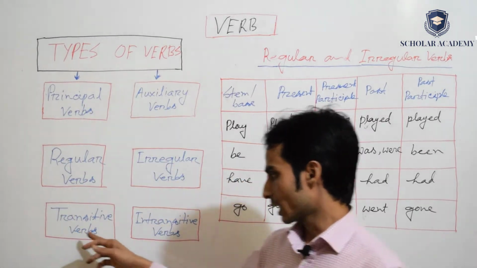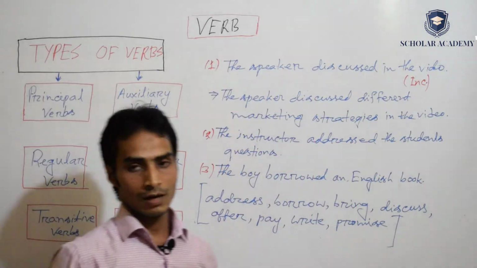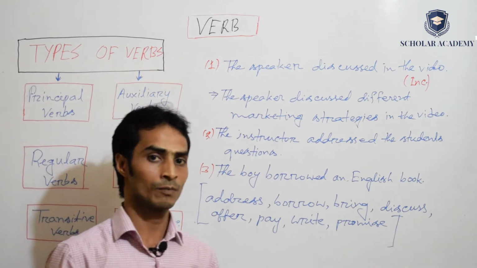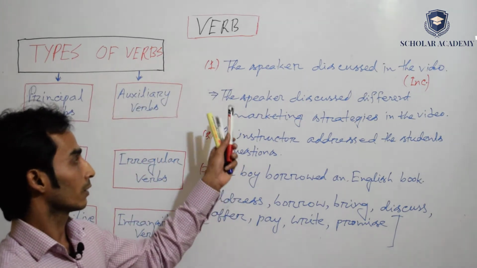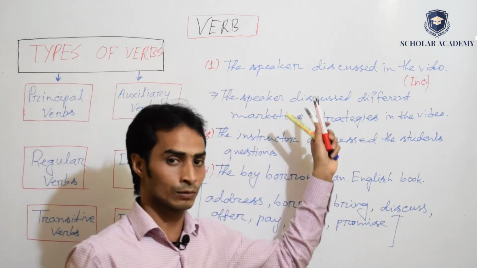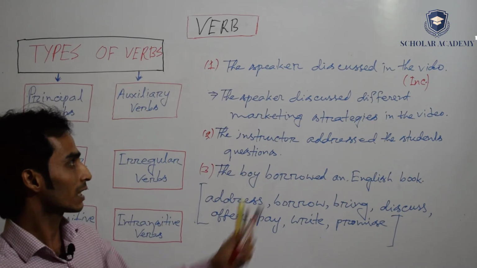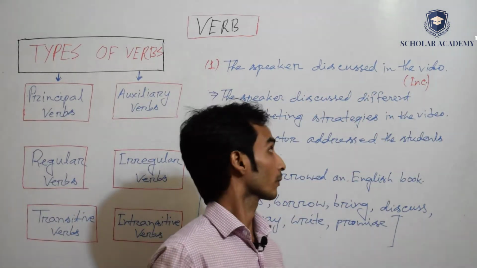Finally, we will discuss transitive and intransitive verbs. Well, a transitive verb is a verb that requires an object to receive the action. So let's look at some examples of transitive verbs. The speaker discussed in the video. Okay.